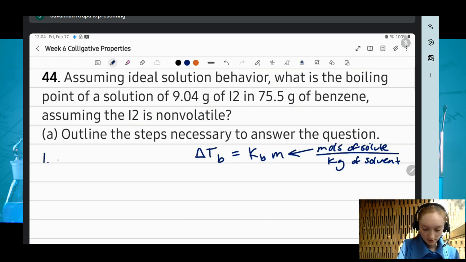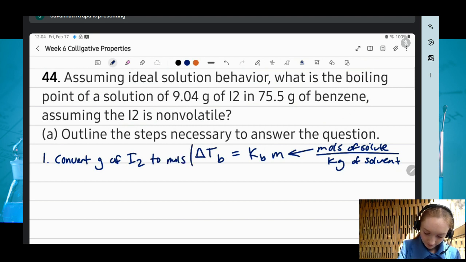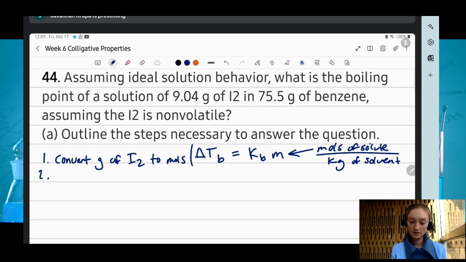So we need to first convert grams of I2 to moles. That is our first step. Our second step is to convert the grams of the benzene to kilograms, because the benzene is the solvent in this case, and the solute is going to be the I2.